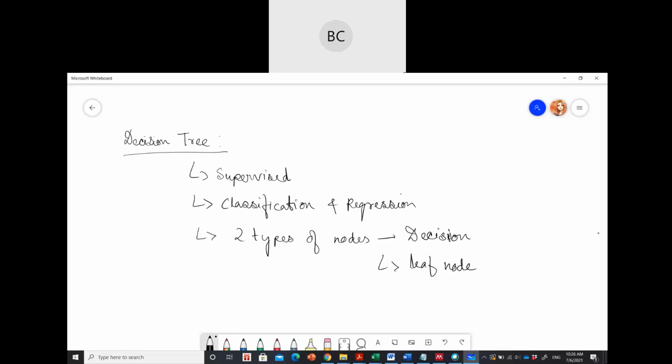So decision nodes are used to make any decision and have multiple branches, and leaf nodes are the output of those decisions and do not contain any further branches. So as you said, it's like a tree structure or a graphical representation of a tree, and it just provides you the possible solutions to a problem based on given conditions.